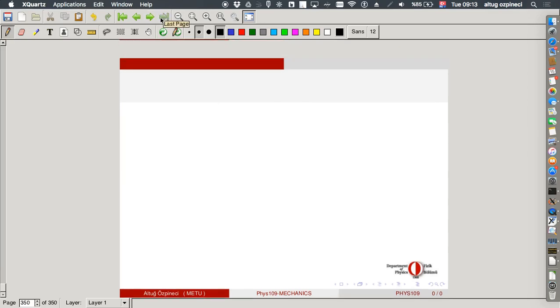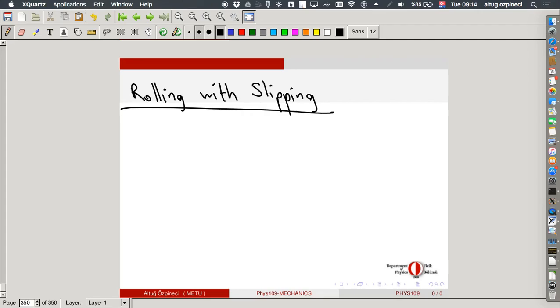Now let's look at one more example: rolling with slipping. In this problem, what we will assume is this. We have the ball. We start it spinning in some direction, and we just let it down on the ground.